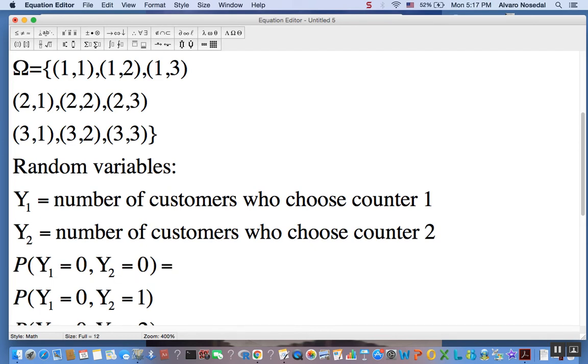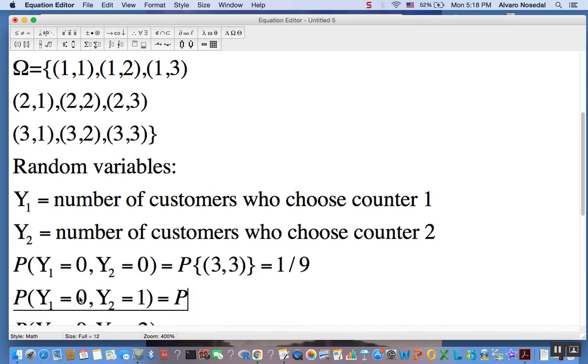That's the probability of the point (3, 3), and we said that each of these simple outcomes has the same probability of occurring, so that's 1 over 9. You guys agree? Let's try and find another one.